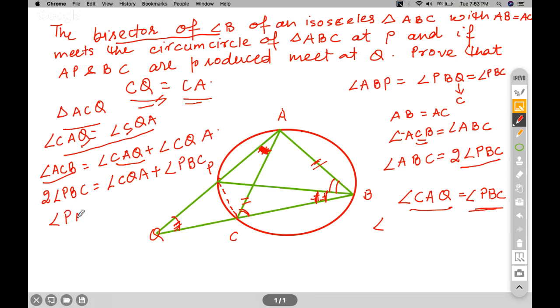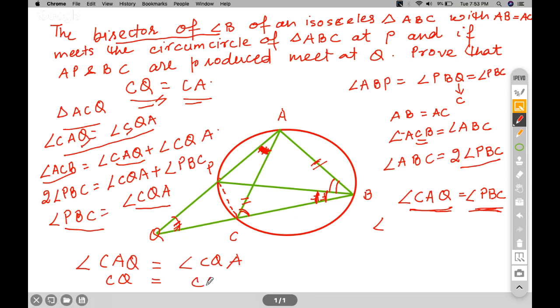So angle PBC is equal to angle CQA, and angle PBC is also equal to angle CAQ. So I can write that angle CAQ is equal to angle CQA, and if this is equal, then CQ is equal to CA.